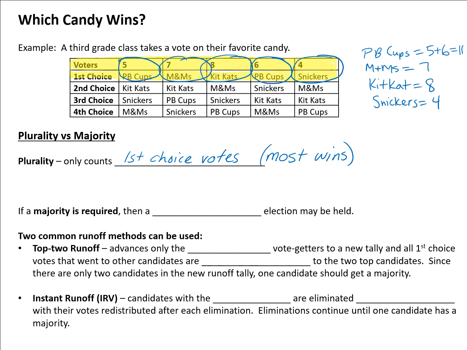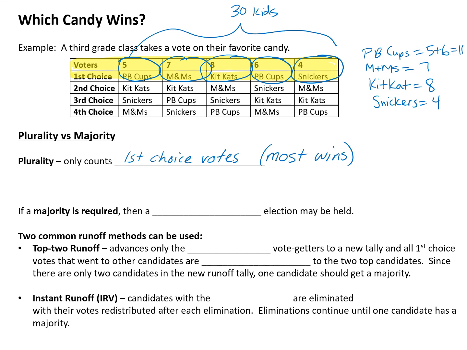We can count that up to make sure. 5 plus 7 plus 8 plus 6 plus 4. There were actually 30 kids voting in this election. So let's double check. 11 plus 7 is 18, plus 8 plus 4 gives us 30.